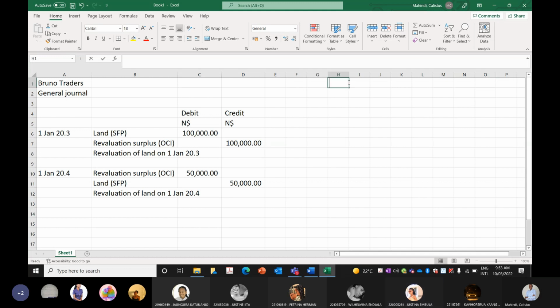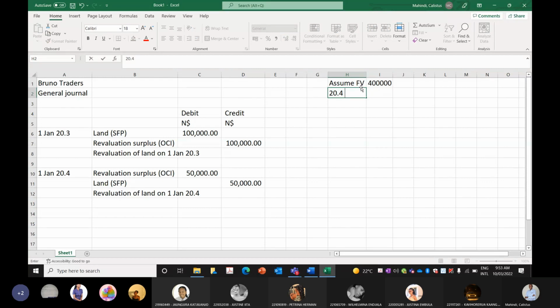Let's say your fair value was 400,000, which was actually given, and you had already revalued it on 1st of January 20x3. On 20.4, they tell you that the new fair value is 280,000. So now you're going to have to revalue it downwards. You would have your 400,000 minus your 280,000, so a 120,000 downward revaluation.